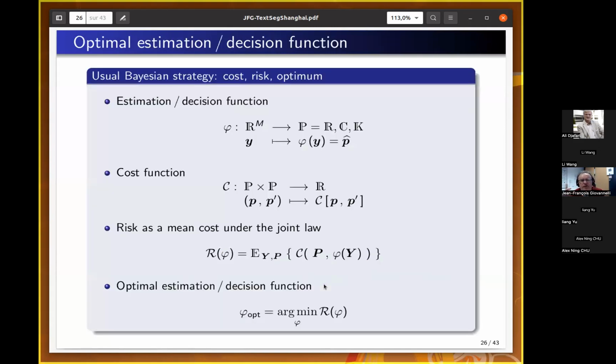Then I have 2 slides that I will not comment in detail that are in relation with the standard Bayesian strategy. We are interested in building a decision or an estimation function phi. We rely on a cost function and then on a risk function that is an expectation of the cost function, and an optimal estimation or decision function is the one that minimizes the risk.